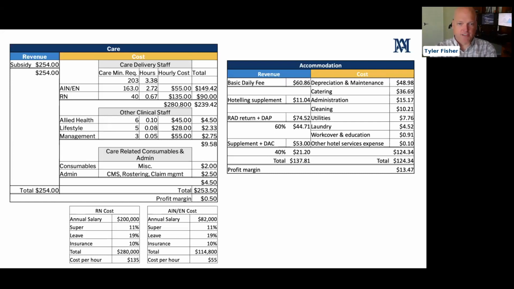And so that's almost the entire basic daily fee taken out with just that, before we even get into the next biggest expenditure, catering, and then down the line all of the other associated hoteling costs. But what we end up with is a margin that is closer to $14 per resident per day.